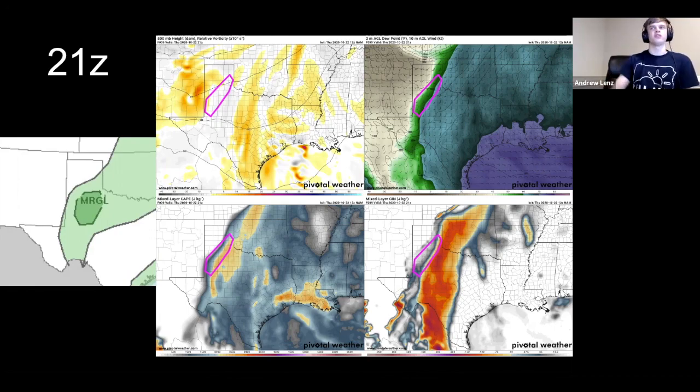So they're a little further east right now. If you looked at mesoanalysis right now, you'd notice they moved off that boundary a little bit. But that's not uncommon. Oftentimes once you get a storm to form, right, Sam, it's easier for it to maintain itself in a slightly less favorable environment if it's already going.